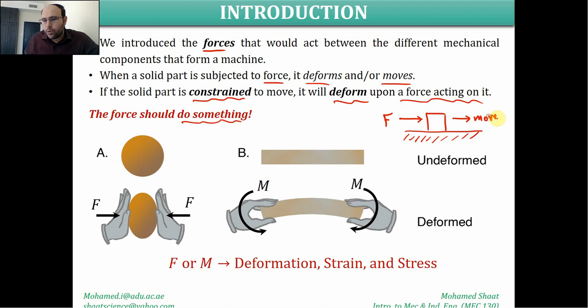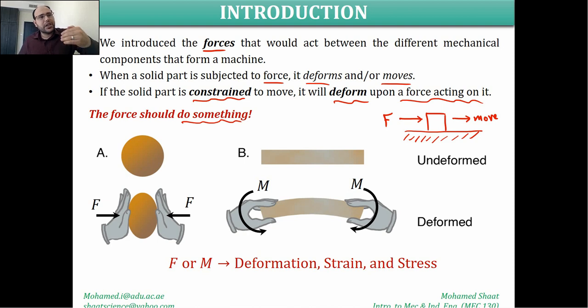So there is a motion or movement produced because of the applied force. There are no constraints that would stop this box from moving upon applying a force on it. So in that case, the box will move.